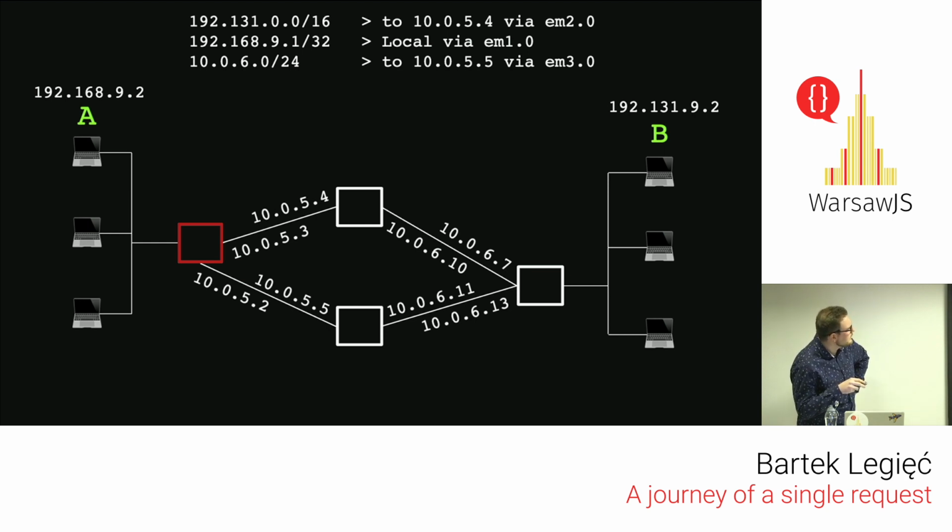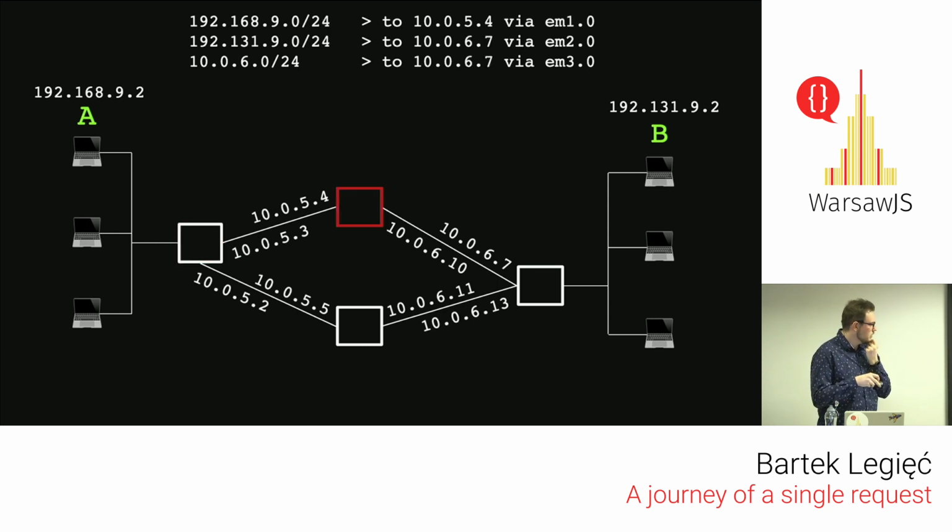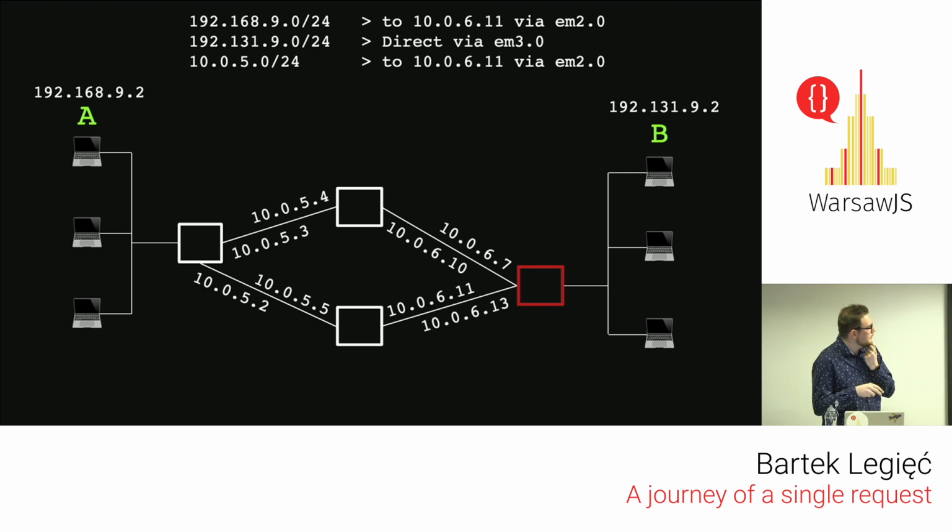You can see 192 is at the start of those two, but the best fit would be this one. So it says, okay, go to 10.4.5.4 through network device number 2. So it would go here and there, and at the end, it knows that this computer has this IP address, so it's, oh, it's not here.